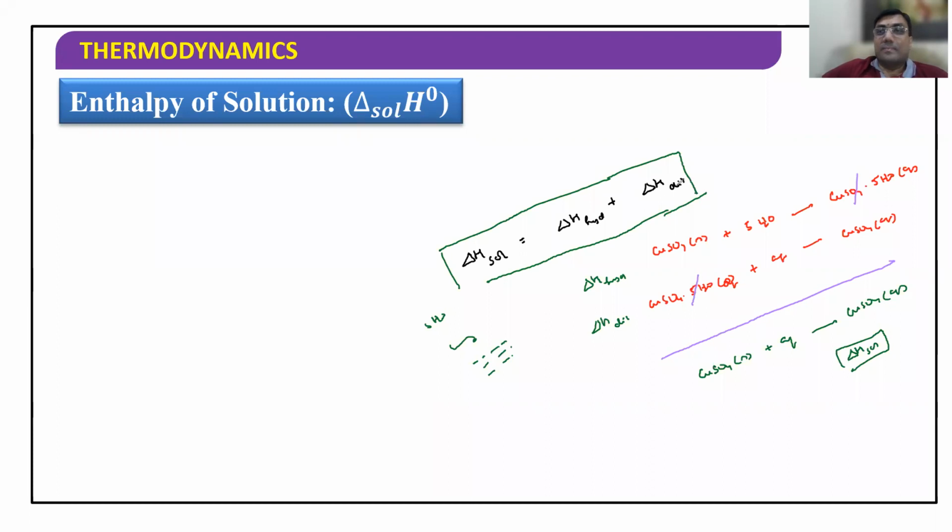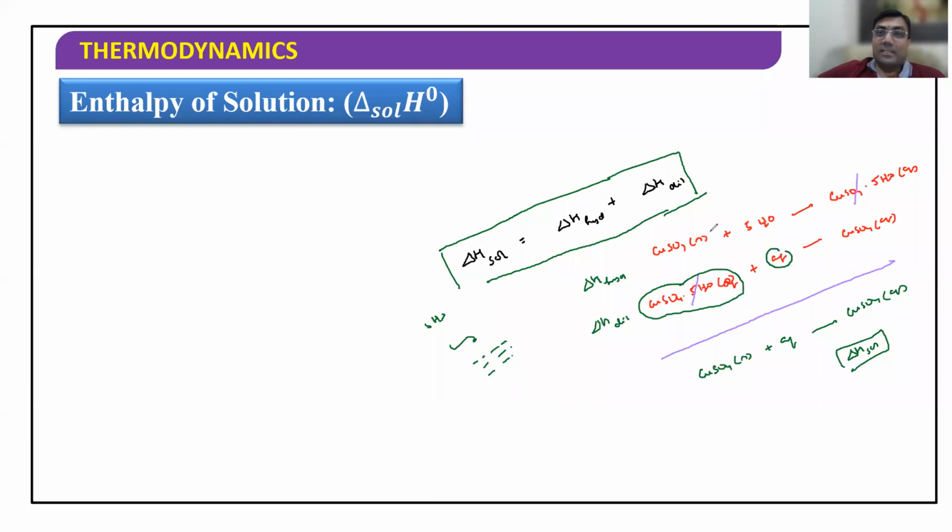What is the difference between enthalpy of dilution and enthalpy of solution, sir? Enthalpy of dilution means you take a salt with water of crystallization, and then you add aqueous.